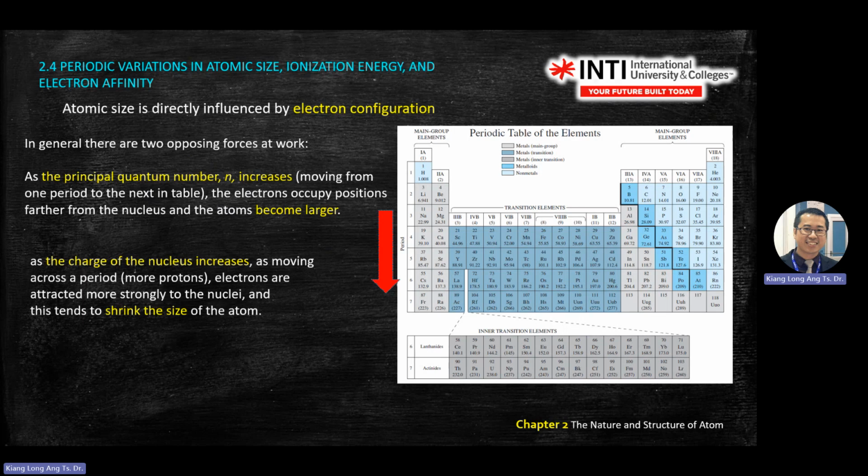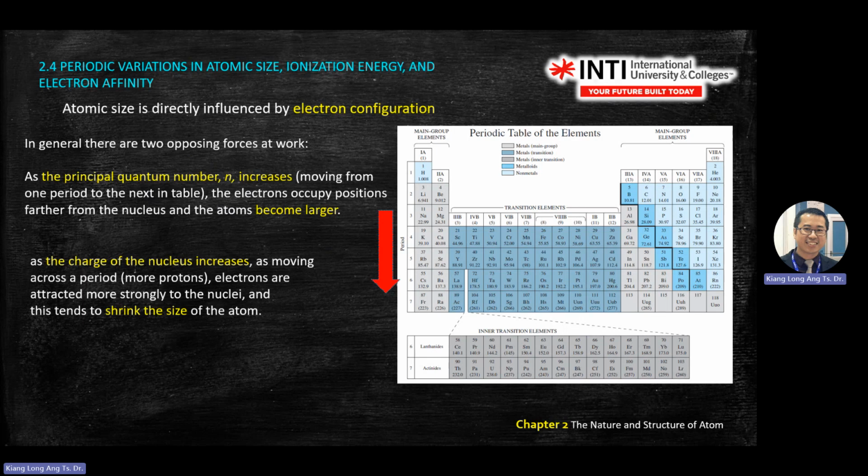Okay, so just now I gave it wrong. Just now I said left to right becomes bigger and bigger, right? It's wrong. Becoming bigger and bigger is from top to bottom, when you increase the n number. If you move from left to right, because of the core's attraction, the orbit will be pulled inside.